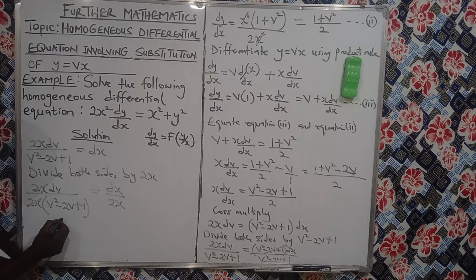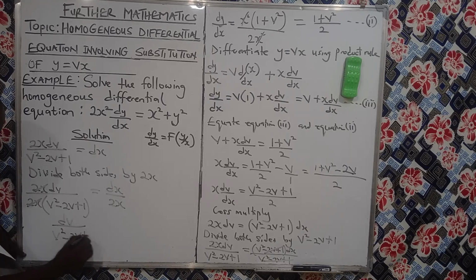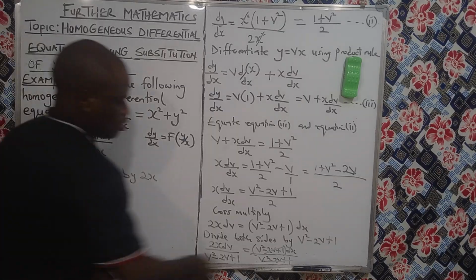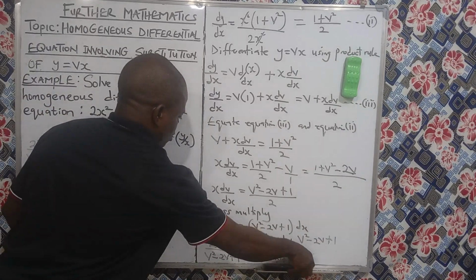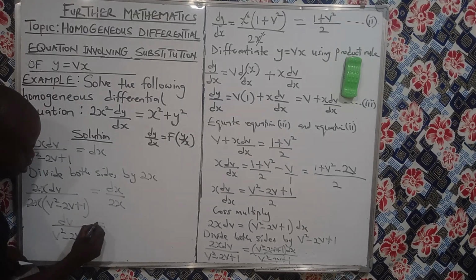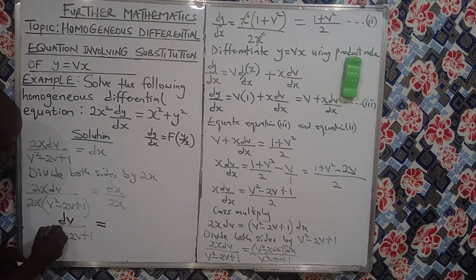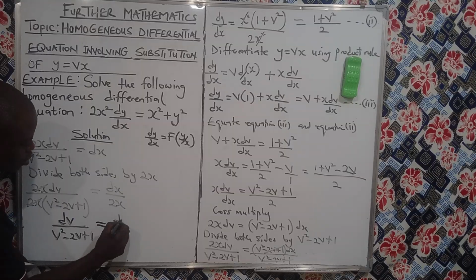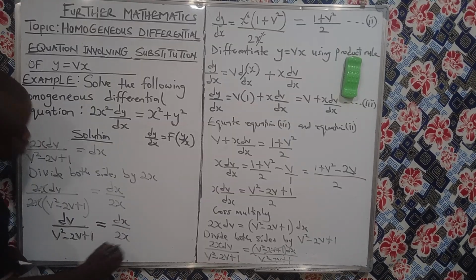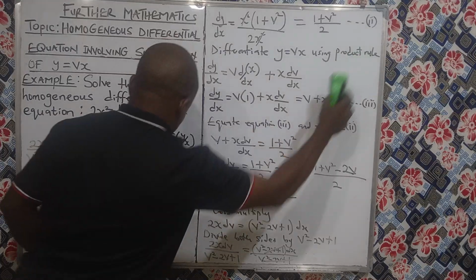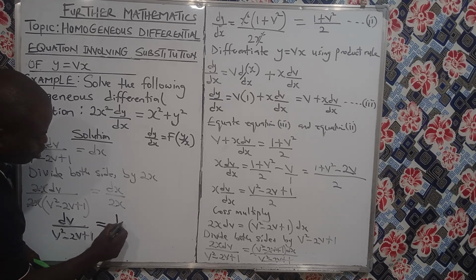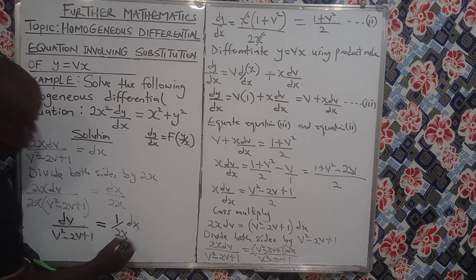We are left with dv over v squared minus 2v plus 1 equals dx over 2x. And this one can still be written as 1 over 2x dx.